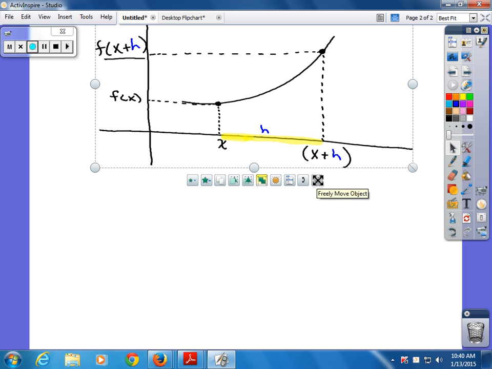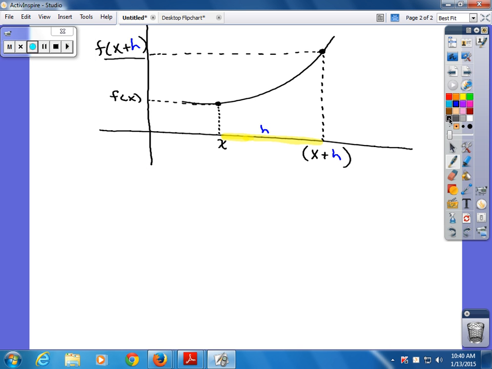So if I want to find the rate of change anywhere on this line, that's going to be equal to delta d over your delta t.